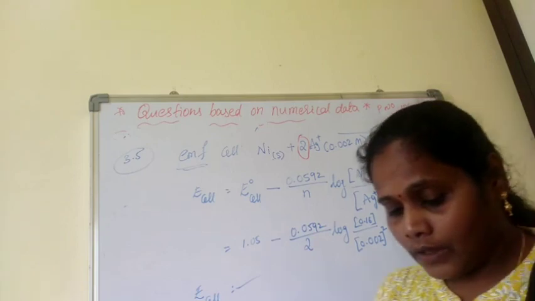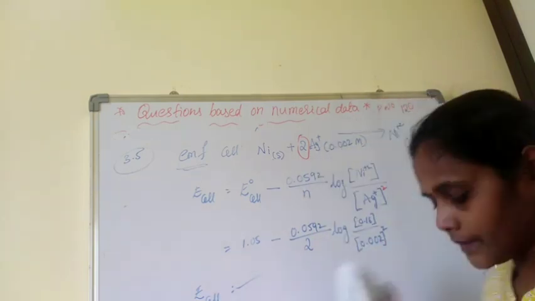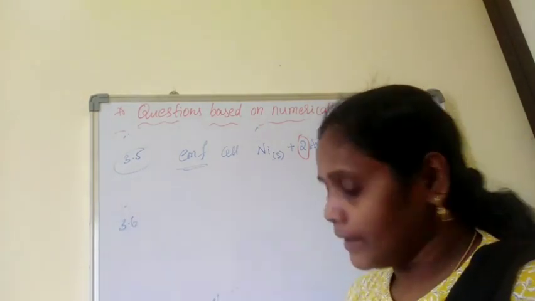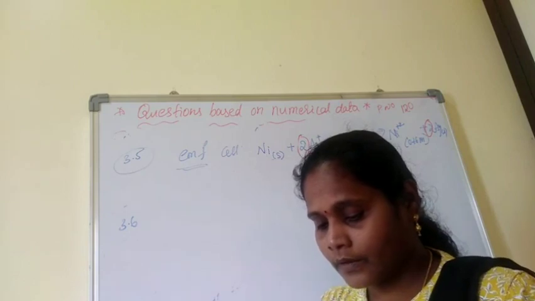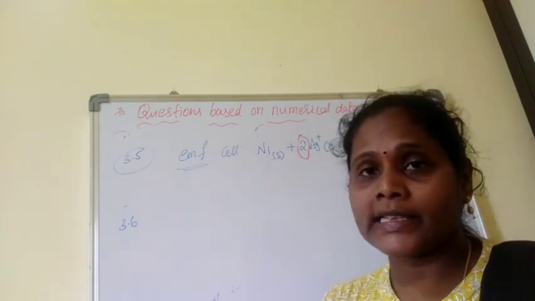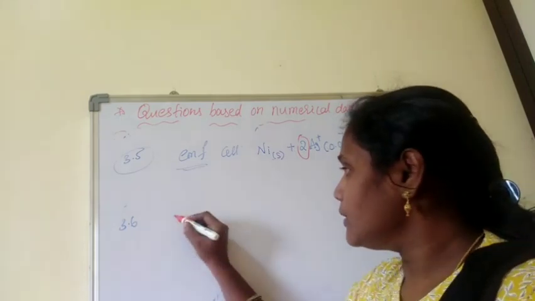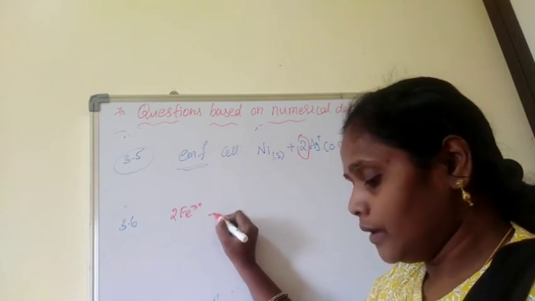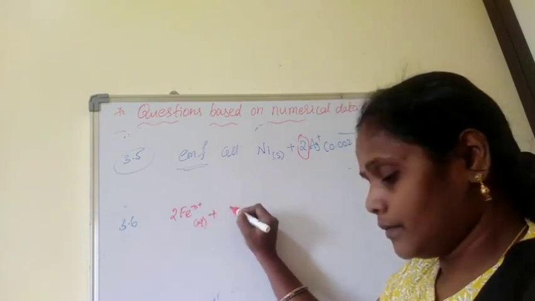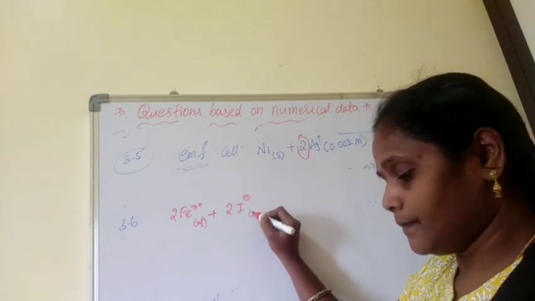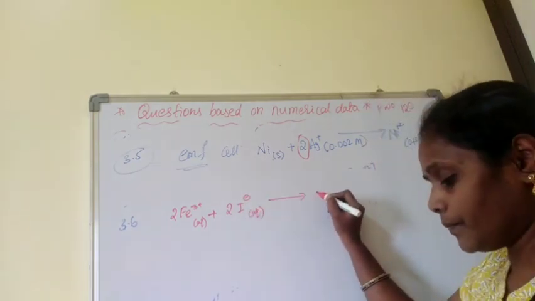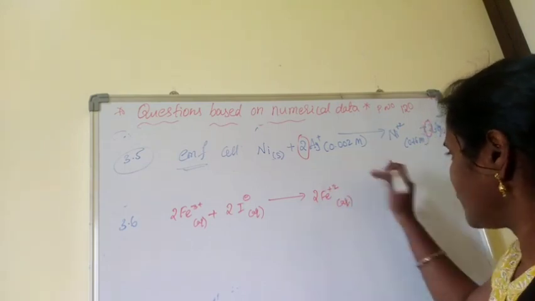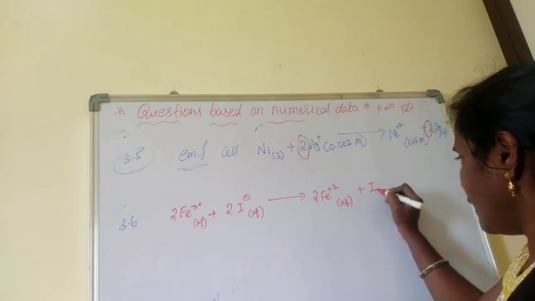Similarly, you can also solve 3.6. That was 3.5, now 3.6. In 3.6, he has given the equation. You have to derive your Nernst equation from that: 2 Fe3+ plus 2 iodide ions are converting into 2 Fe2+ plus I2.